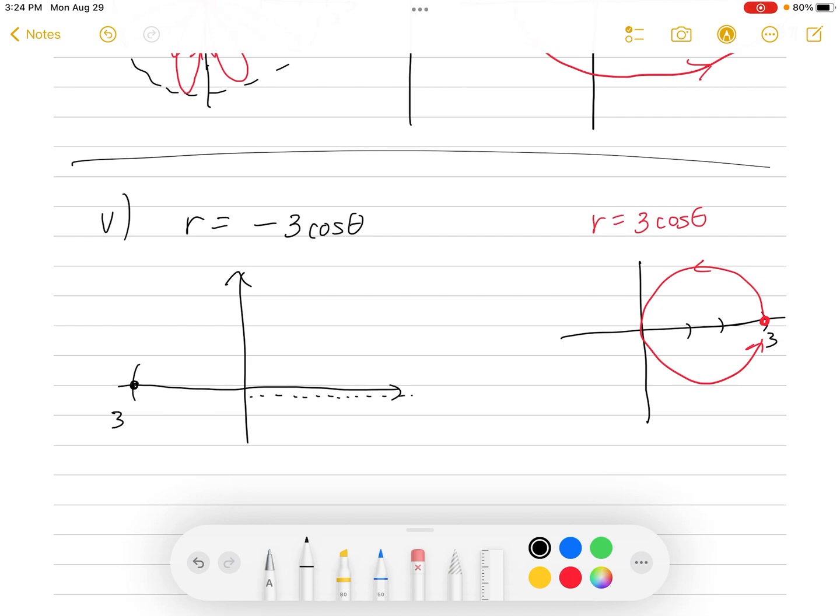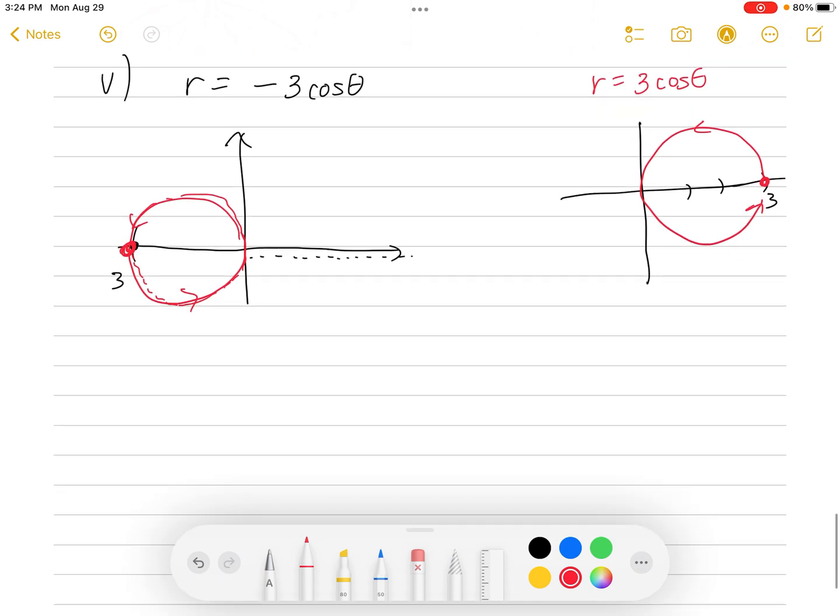Imagine having an angle of 0 and then a radius of negative 3 that flips it over to that side to get a positive radius of 3. So here you go. And this is going to rotate around like that. You actually start here on the left side. Okay.